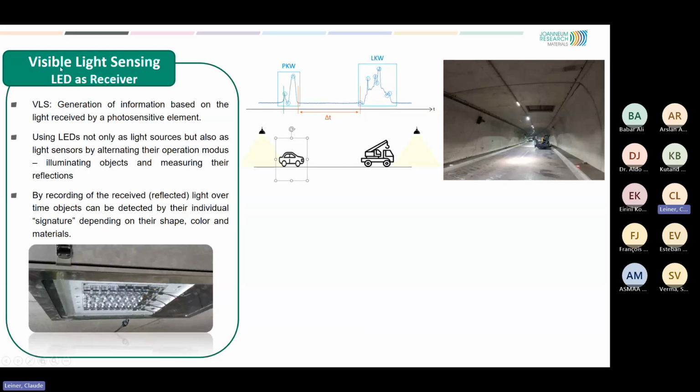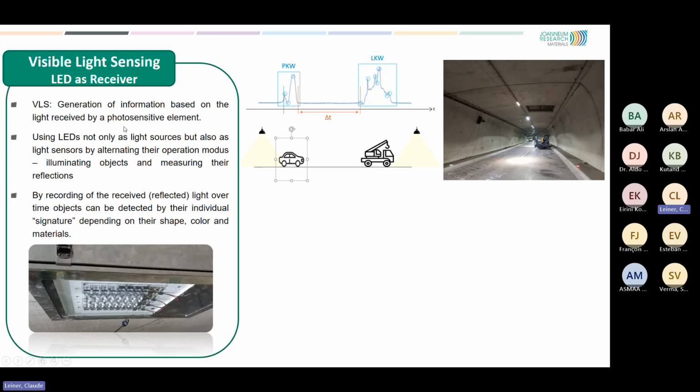Another thing is when we make the communication and use the sensing aspect of it. You are using the LEDs not only as light emitters and signal emitters, but you can also use them as photodiodes. So you can change the functionality of the LEDs frequently, switching from illuminating to measuring.